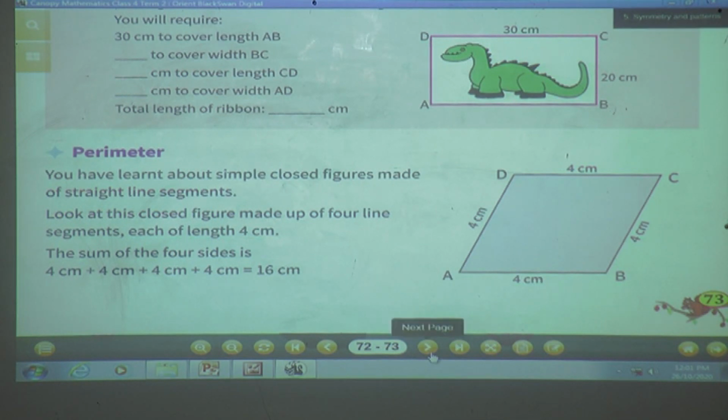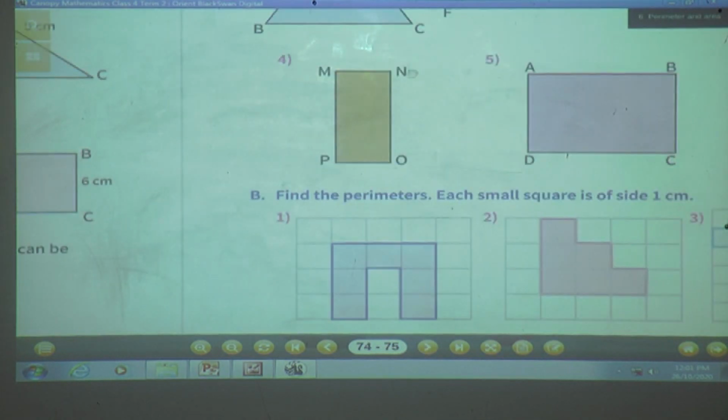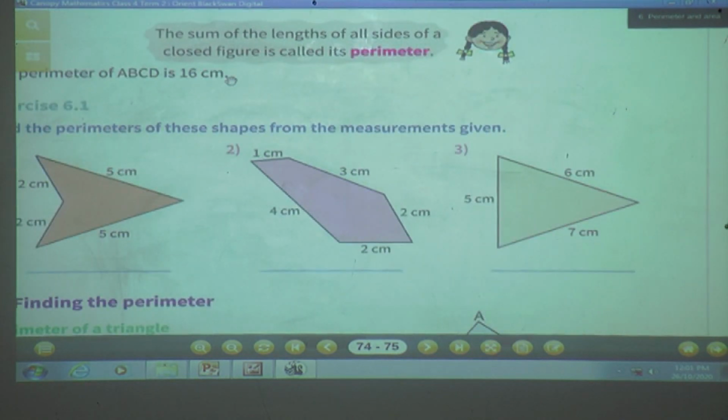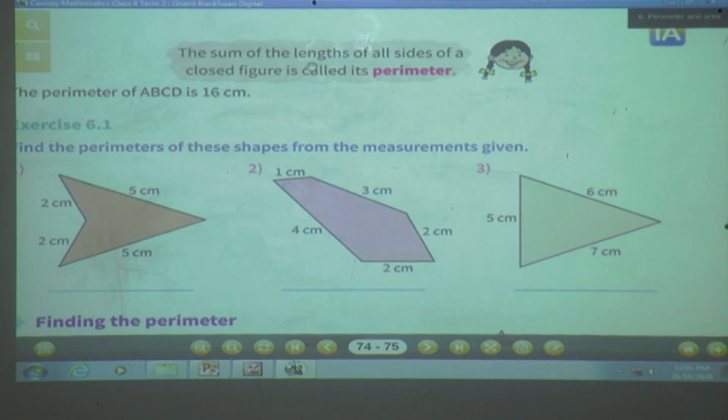Perimeter means what? I hope you all are getting it now. The sum of the lengths of all the sides of a closed figure is called perimeter. So the perimeter of ABCD is 16 centimeter.